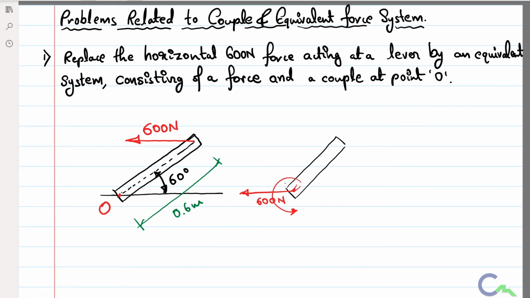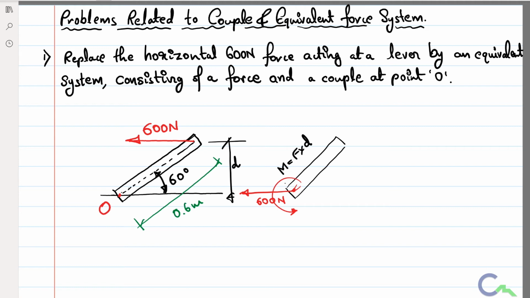Now what is the value? Moment is equal to force into distance. We know that force is 600 Newton, and the distance is the perpendicular distance, that is d. To calculate that d, I can use that length and angle.